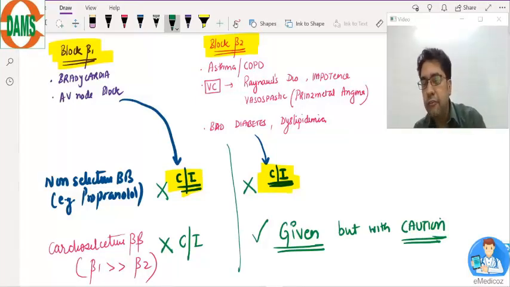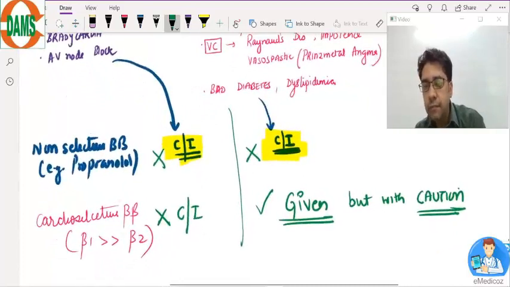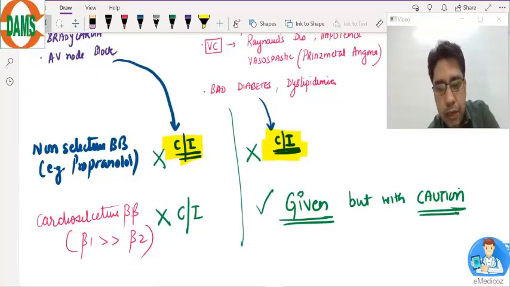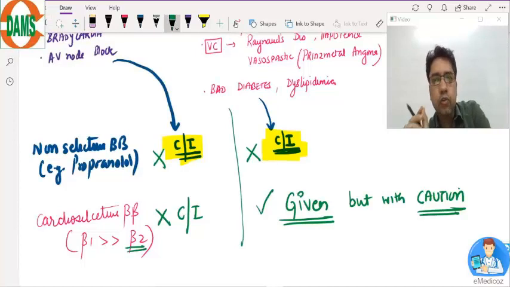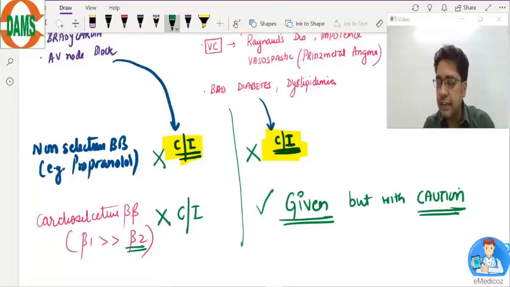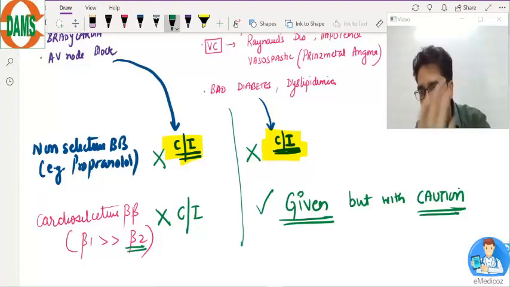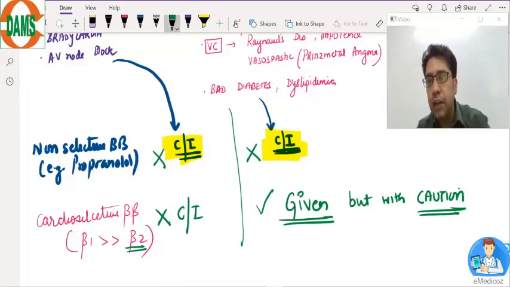Can you tell me why with caution? Because they have a little bit of beta 2 blocking property. They are much safer than non-selective beta blocker in cases of asthma, COPD, Raynaud's, diabetes. So tell me the advantage of cardioselective beta blocker over propranolol.